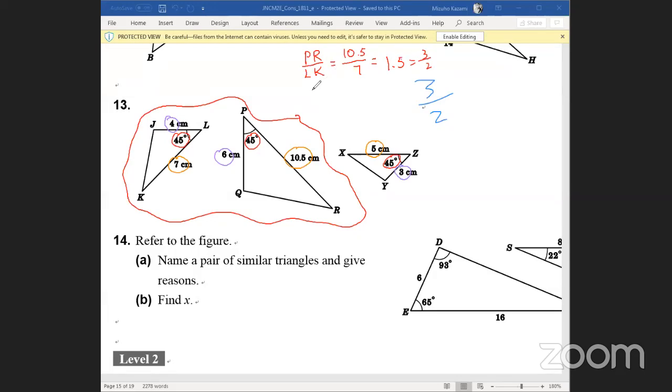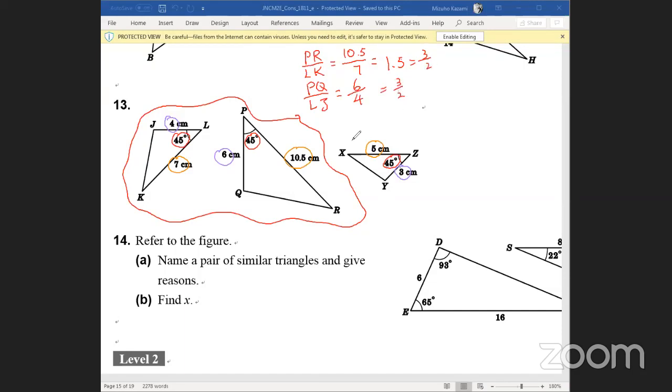And then for the next one, PQ divided by LJ, which should be 6 over 4, which is 3 over 2.